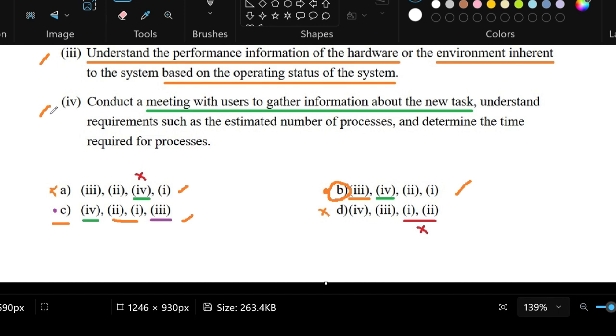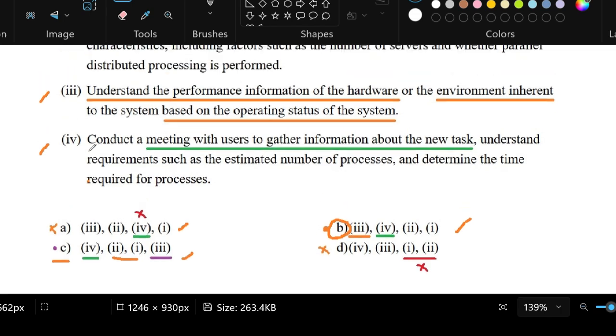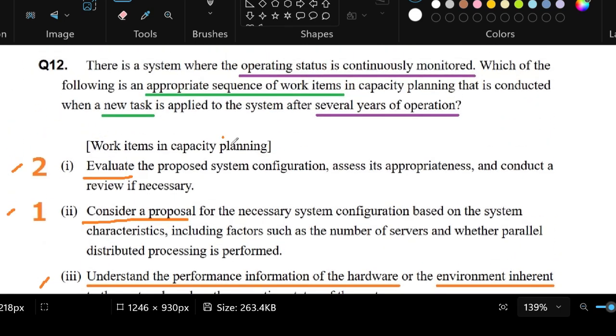And eventually I thought that if we look at the description before the work items, we have phrases like the operating status is continuously monitored and we are applying the new task after several years of operation.